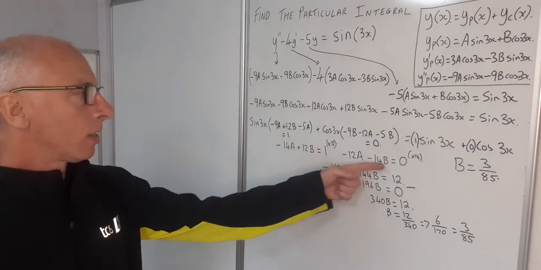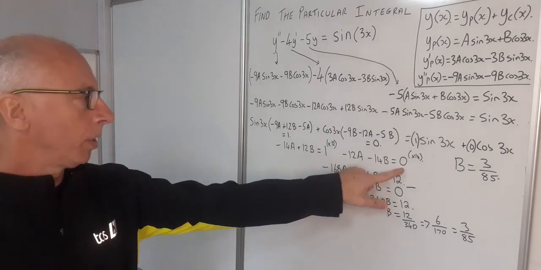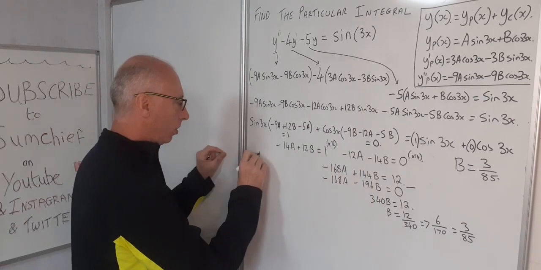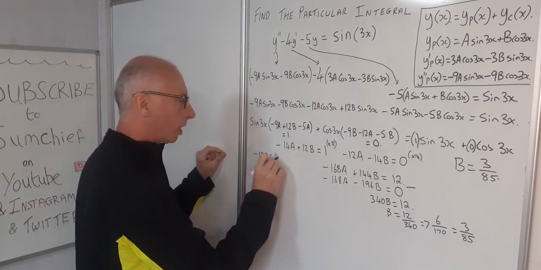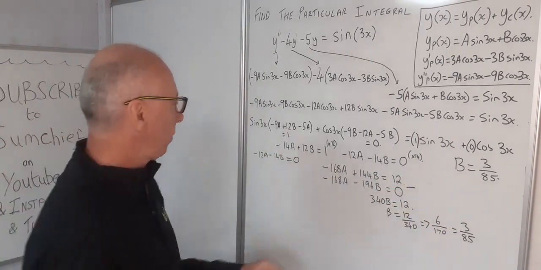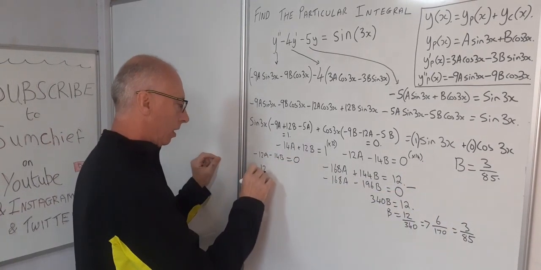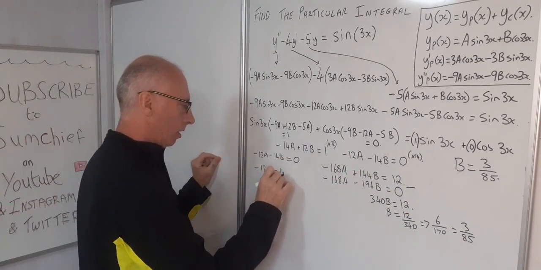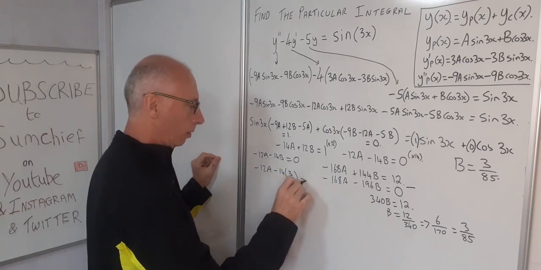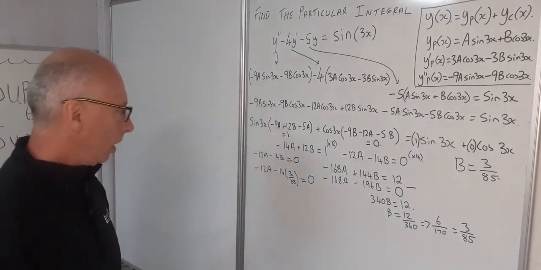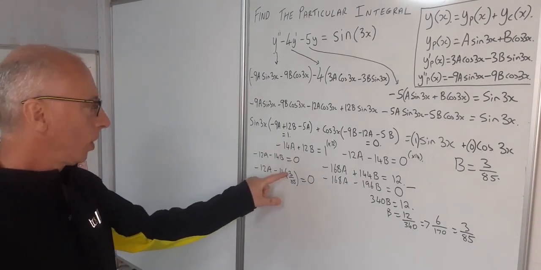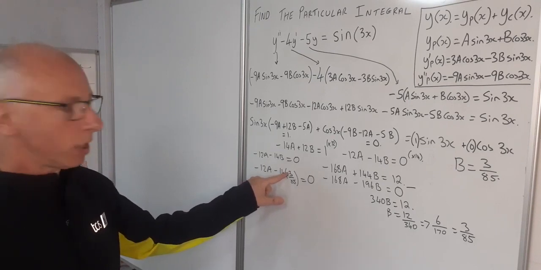So now let's plug that into one of these. I think the 0 one will be the easiest. So just bring that over here. So minus 12a minus 14b equals 0. b equals 3 over 85, so let's plug that in. Okay, minus 14 times 3 is 42.